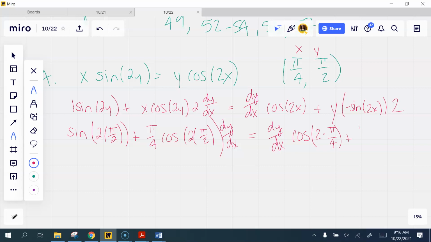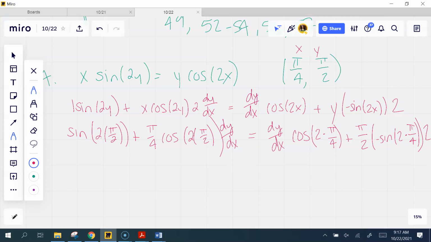Now, if you didn't want to do all this, this is times 2. So 2 times pi over 2 is pi, right? What's the sine of pi? Zero. It is 0 or 1, but which one is it?